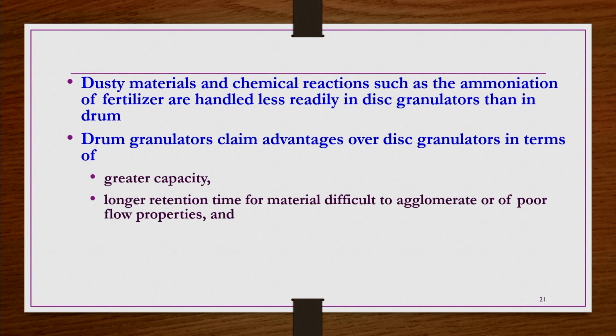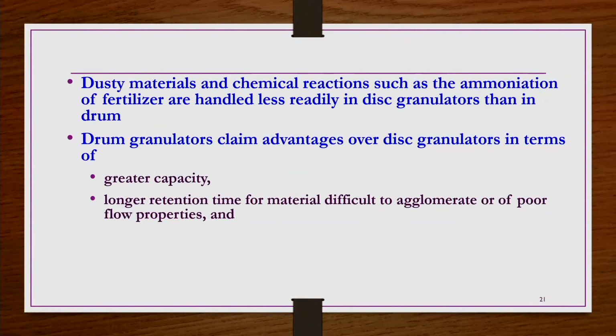It is not like that. Some materials are very tough, very difficult to agglomerate. Under such conditions you need a longer residence time of this feed material as well as the binding material, so that agglomeration properly takes place. That can be easily done using drum granulators.